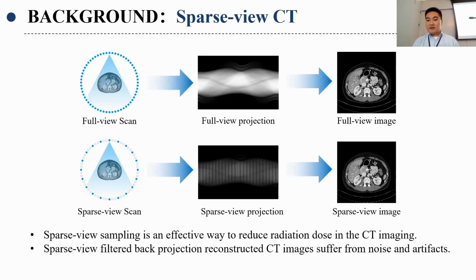As a result, the artifact and noise in the sparse-view FBP reconstructed CT images are obvious and seriously affect subsequent diagnosis. Therefore, new sparse-view CT reconstruction algorithms are desired to reconstruct high-quality images and reduce the sampling rate of projection data.